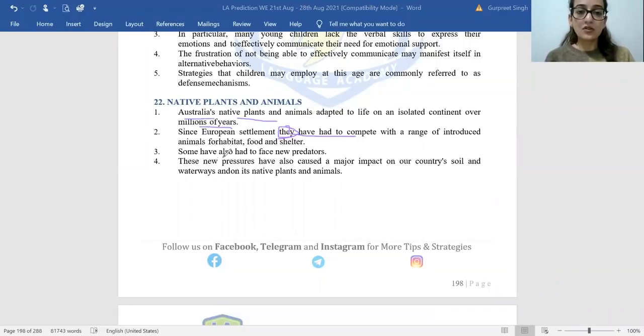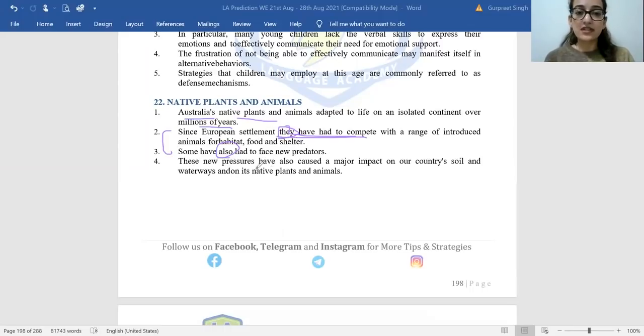Some have also had to face predators. So the only important thing was they had to compete. Compete is like they have to fight for their survival. They also had to face predators, and predators is commonly understood. So two things are connected because of also. As I said earlier, also is a small but very important word. So this can help you to make the pair.